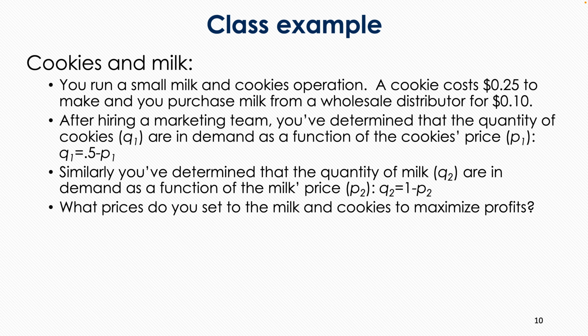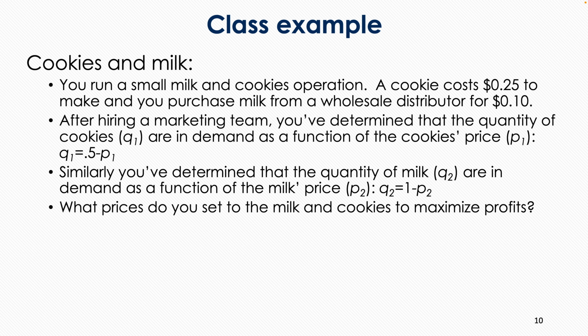I'm deciding what prices to set for my milk and cookies, and those are not set in the problem in any way. That's something I decide, so that is my decision variable. And what is my objective? To maximize profit, which would be the price times the demand for each minus the cost. Yeah, okay.